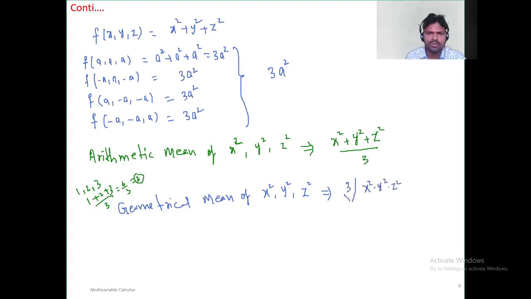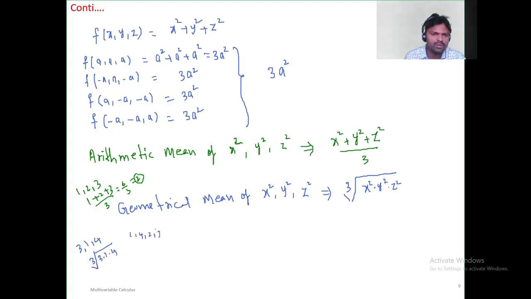This you have already seen in PUC. For example, 3 comma 1 comma 4 are 3 numbers. What is the geometrical mean? Since there are 3 numbers, it is the cubic root of 3 into 1 into 4. This is the geometrical mean. For example, let us write 1, 4, 2, 3.